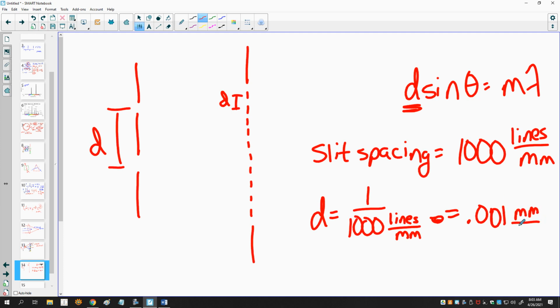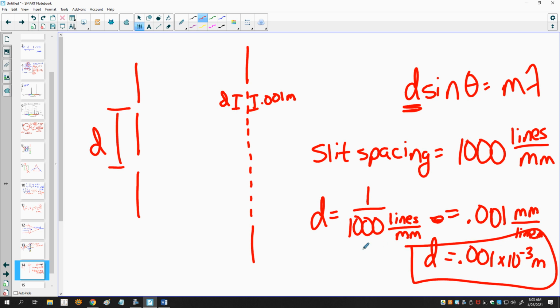Now, if you want to think about this, you can say millimeters per line. You don't need to do the per line, but it just means that there is 0.001 millimeters between those two slits. So you would convert that, of course, to meters, and that would be equal to your slit spacing for the diffraction grating. We're doing that in class too, so be able to describe the diffraction grating and that relationship.